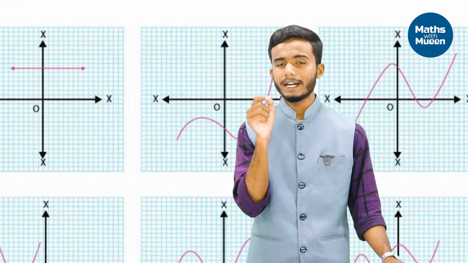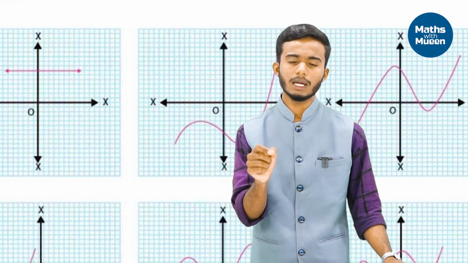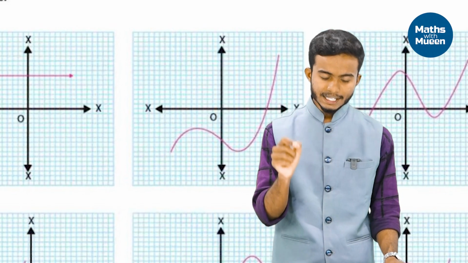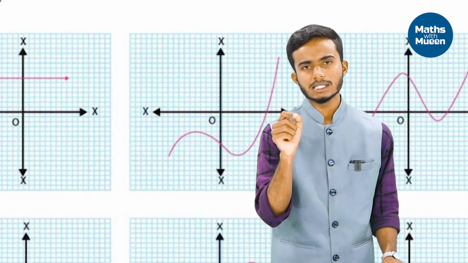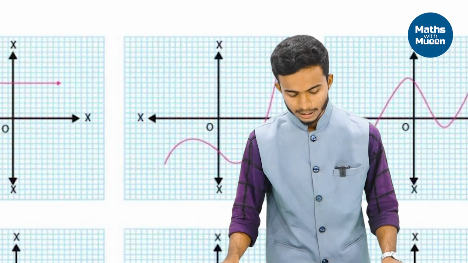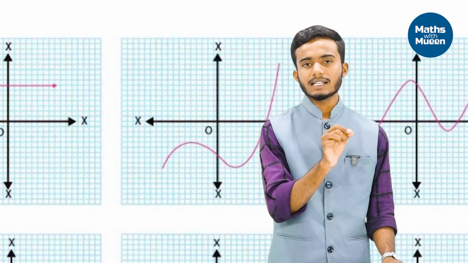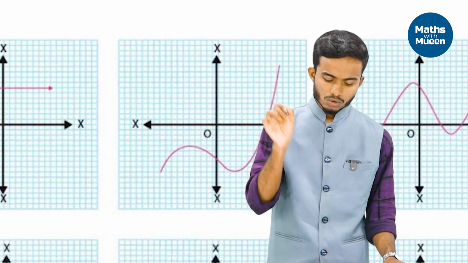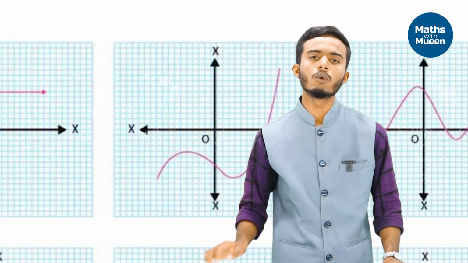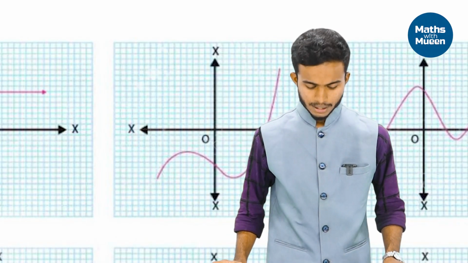You have to find the zeros of the polynomial by seeing the graph. So wherever the line is touching the x-axis, those points are called the zeros of the polynomial. Here there is no line or point touching the x-axis, so the zeros of the polynomial for the first one will be 0.